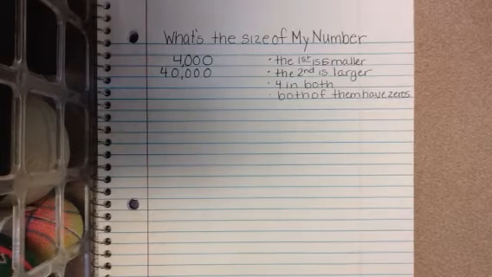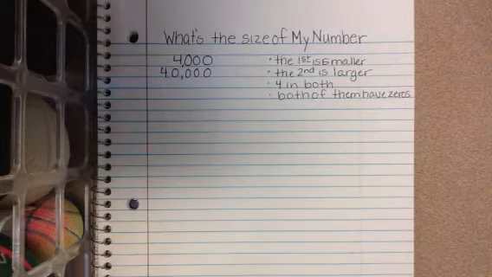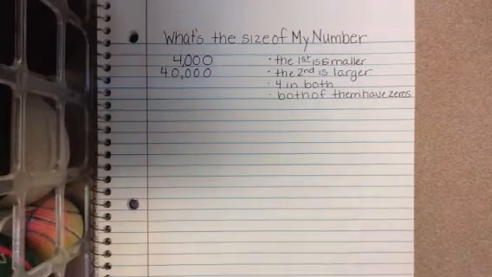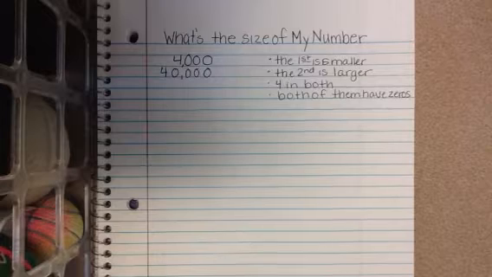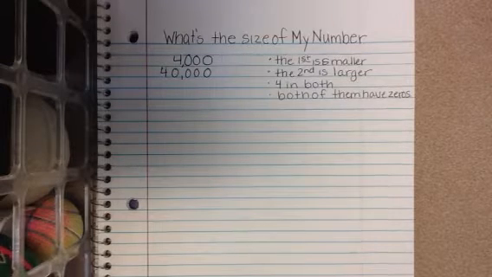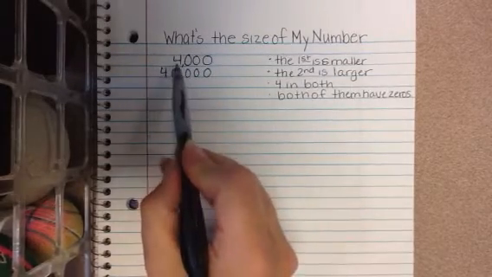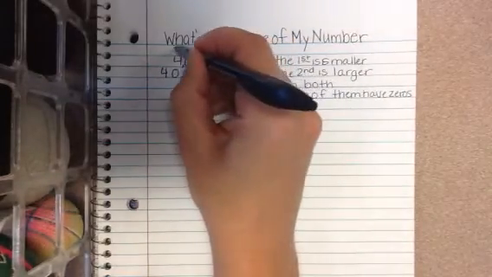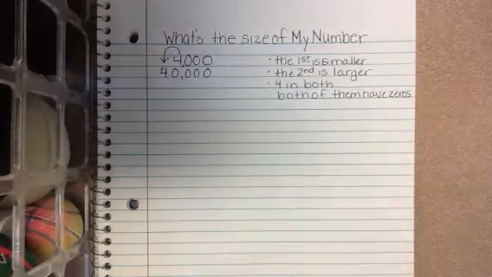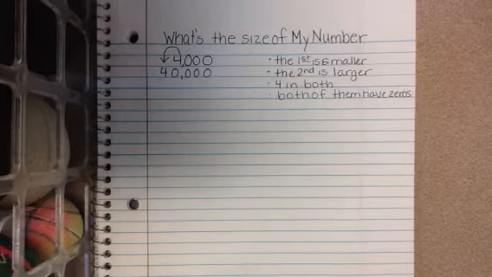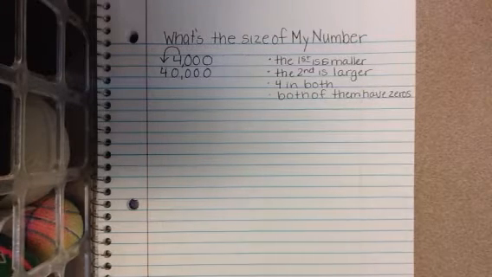Let's compare the actual size of one versus the other. I have 4,000 as my number. What's the difference between 4,000 and 40,000? What do I have to do with the 4? I know the 4 simply has to move over one place value. So what happens when you move over one place value?